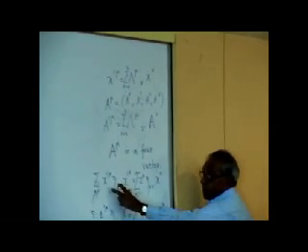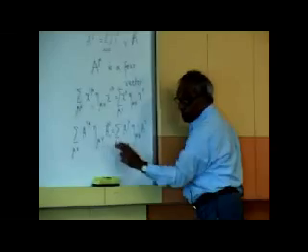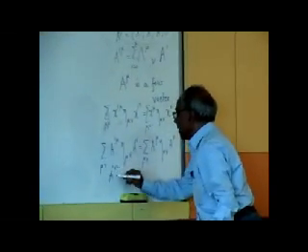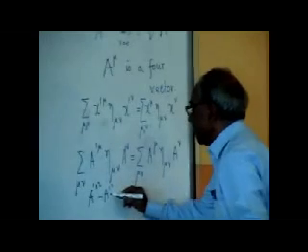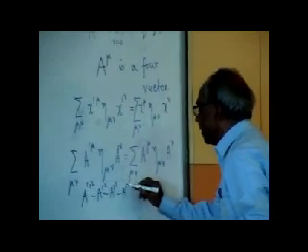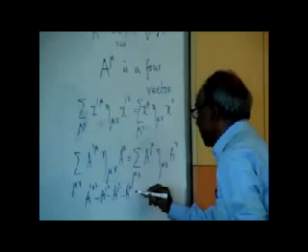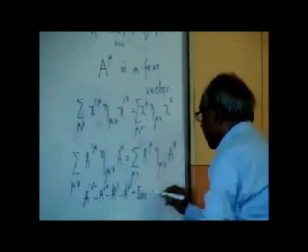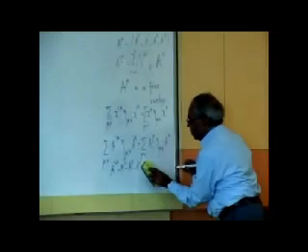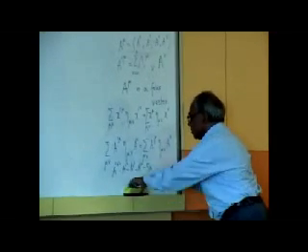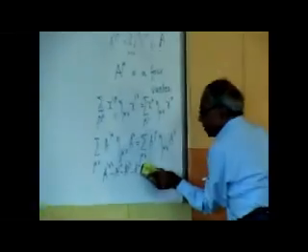Just like x prime is invariant, this is invariant. What is the meaning of this? This means A prime 0 squared minus A prime 1 squared minus A prime 2 squared minus A prime 3 squared is the same in both frames. Invariant means same. Let me explicitly write it.